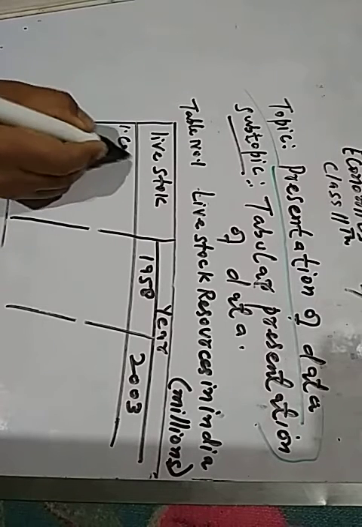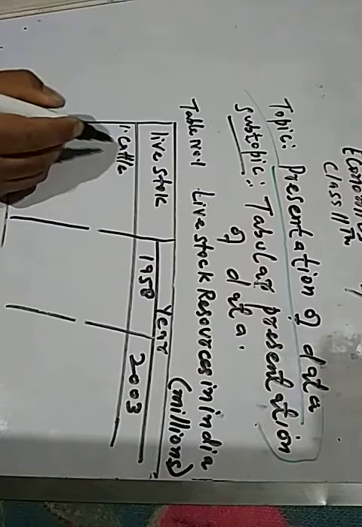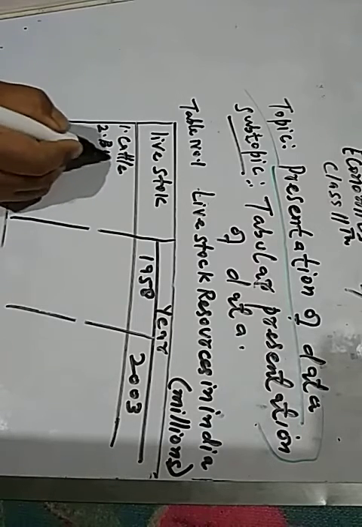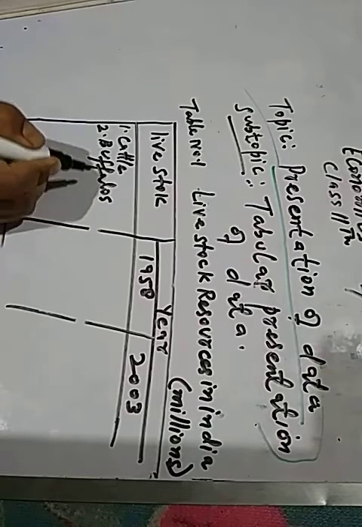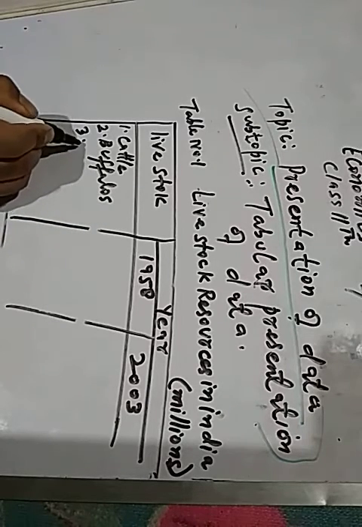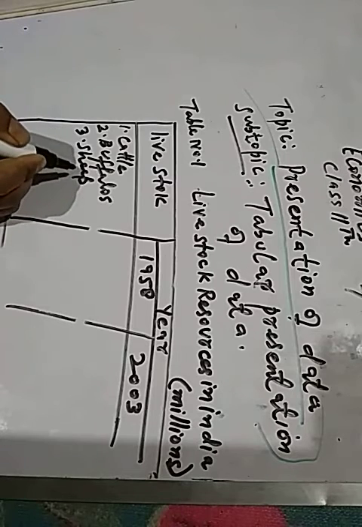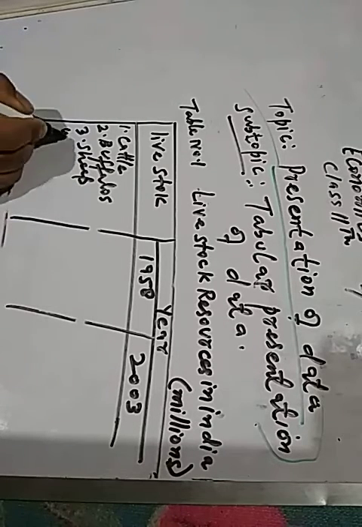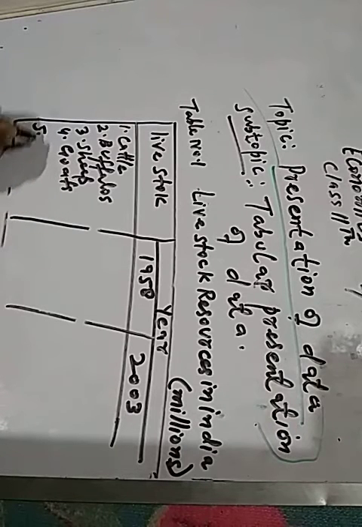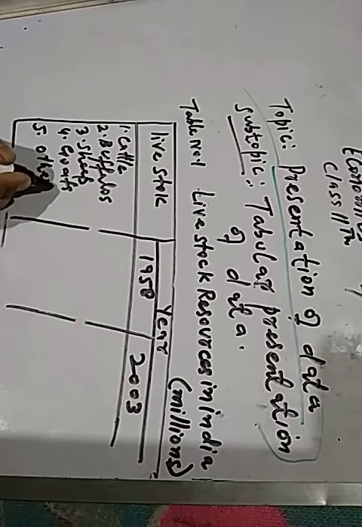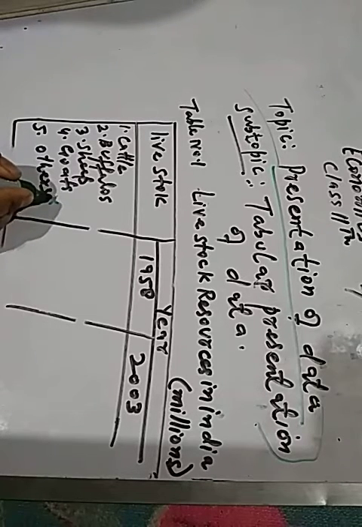Number 1, cattle. Number 2, buffaloes. Number 3, sheep. Number 4, goats. Others. And on others, an asterisk sign is used.